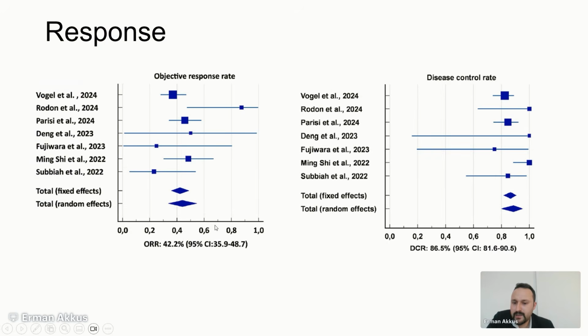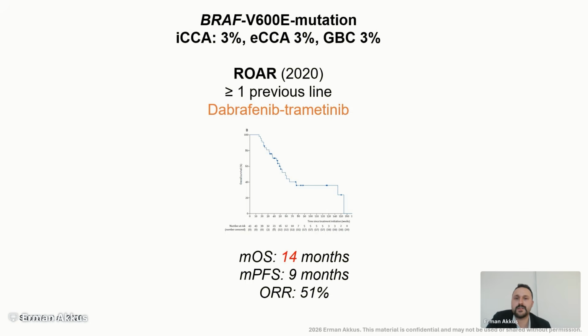The pooled response rate was 40%, and disease control rate was around 80%, showing the efficacy of pemigatinib in FGFR fusion biliary tract cancers.